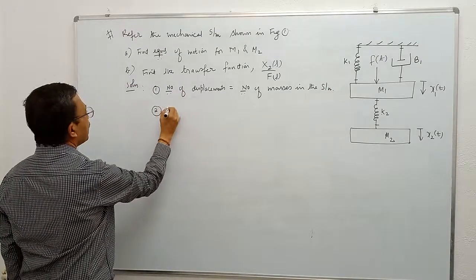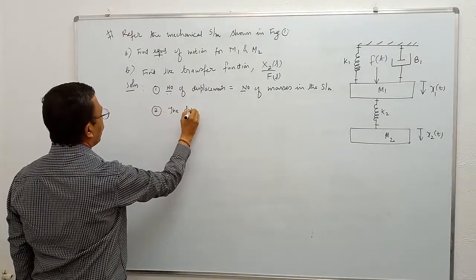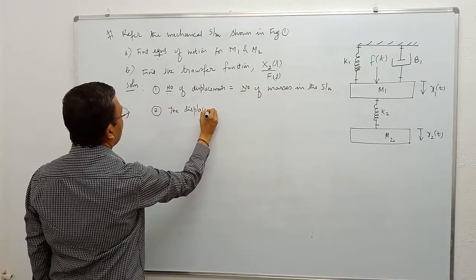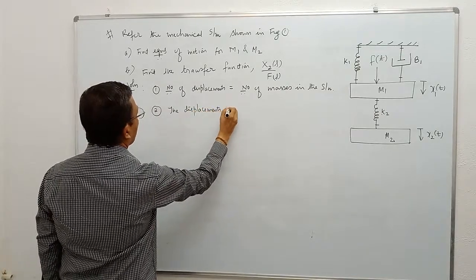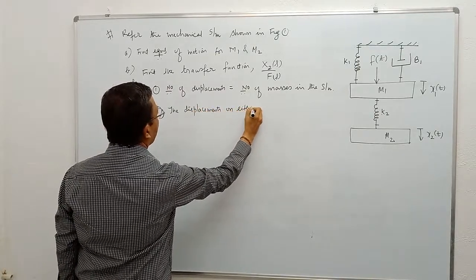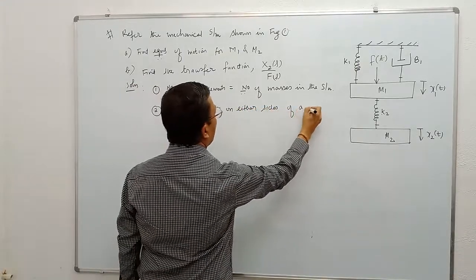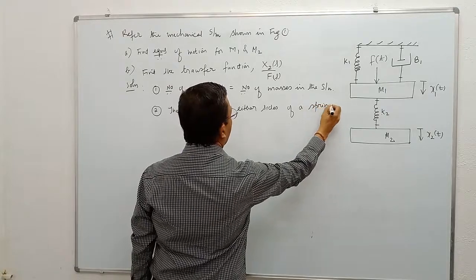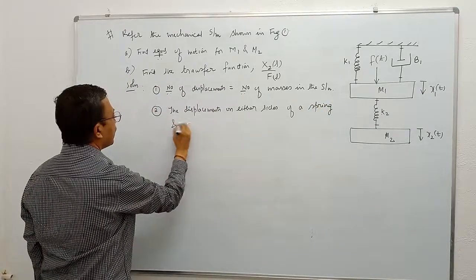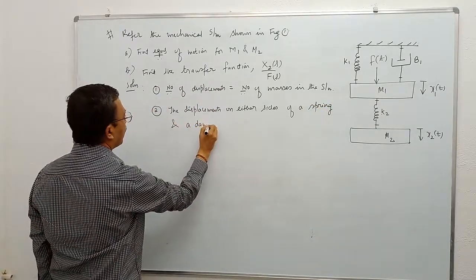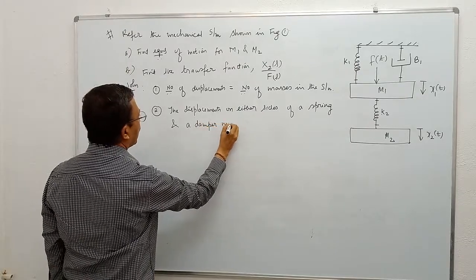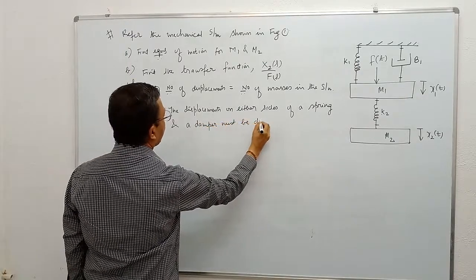Second point is the displacements on either sides of a spring and a damper must be different.